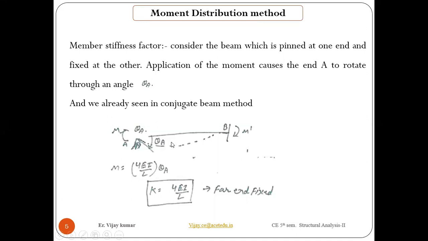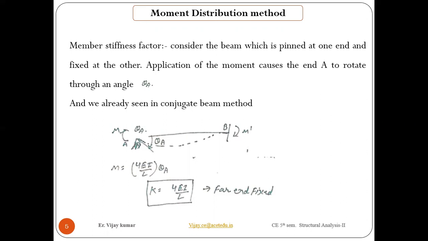Any of the methods you can use to get the value of rotation. So the value comes out to be 4EI by L times theta A. So theta A will be equal to ML by 4EI. That is the value. Otherwise, I think everybody knows from the last slope deflection method, when there is a simply supported beam and rotation at the hinge support, near the support what was the value?